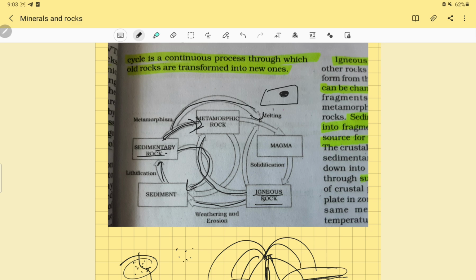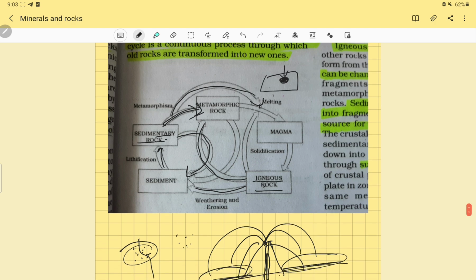There I have taught you why temperature increases as we go down into the depth of the earth. And comment the answer in the comment section. Then next, due to melting, it goes down the earth and melting happens. From there the magma is formed. So this is about the sedimentary rock.